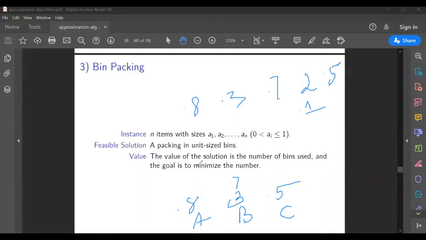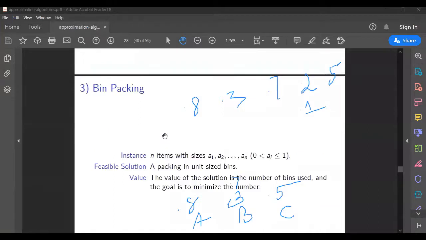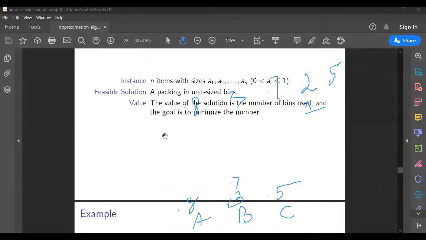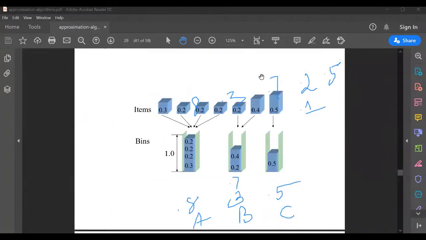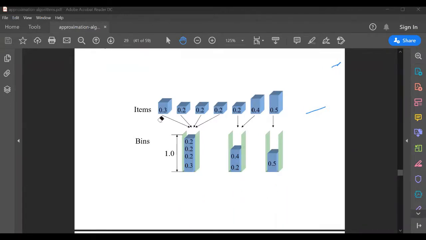There are 3 ways by which they have solved it. The first idea: see here, he has given a different example: 0.3, 0.2, 0.2, 0.2, 0.4, 0.5.